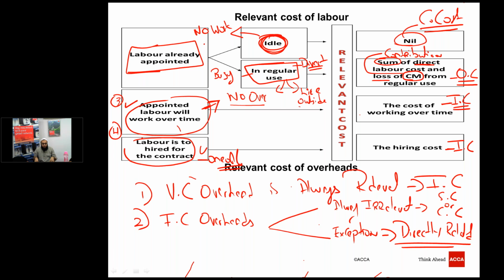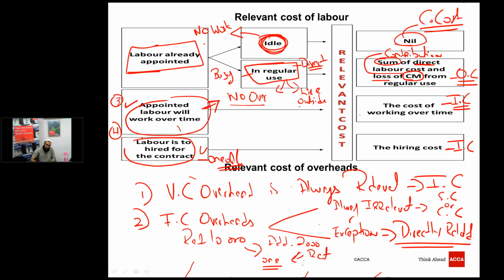Let's take a quick example. You have one place rented out at 10,000. Now, if you are taking one more place, the additional rent is 2,000, and this is space you are taking for a one-off contract.